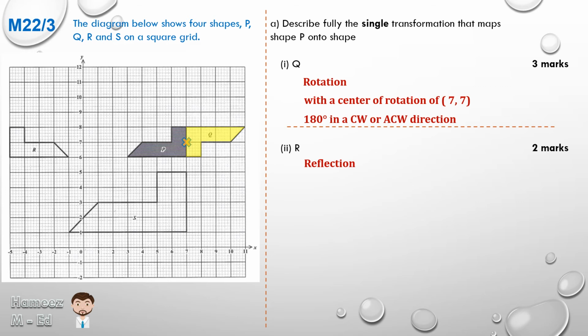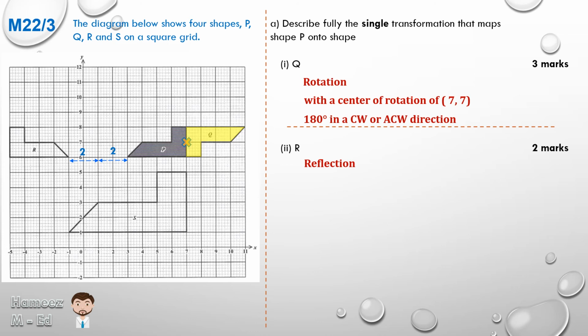In order to find the line of symmetry, let's look at the right vertex of shape R, which is at -1 along the x-axis, and let's look at the left vertex of shape P, which is at 3. So the distance between these two vertices is 4 units. So that means the line of symmetry will be halfway between those 4 units, so it'll be 2 units on the left and right of it.